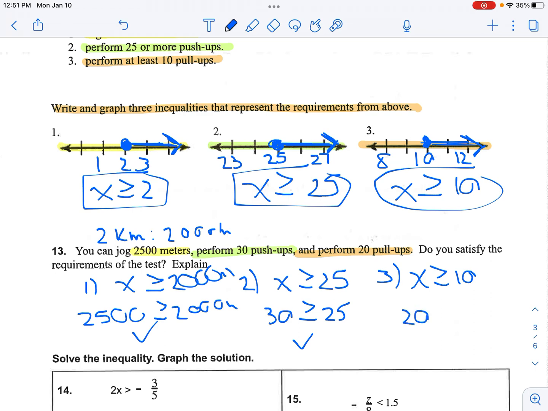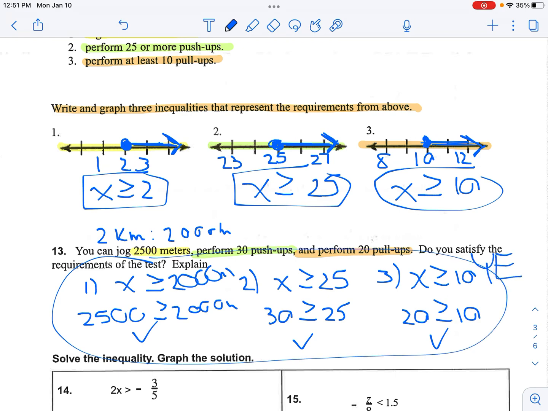Is 20 greater than or equal to the required 10? Yes. Do you satisfy the requirements of the test? It says explain. This is my explanation, and my final answer would be a yes.